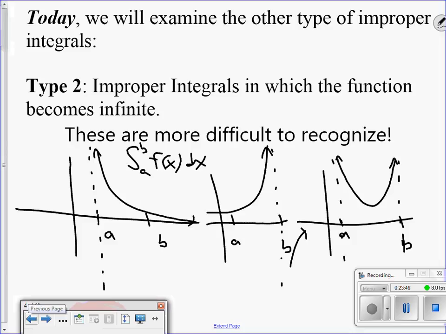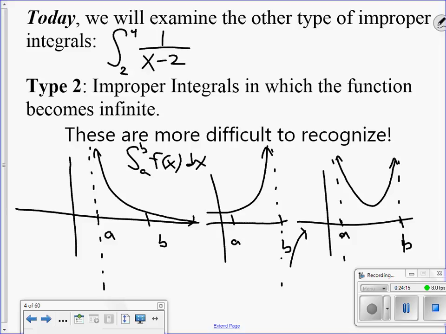You know you have a vertical asymptote if any value of x makes the denominator 0, but not the numerator. So if you see something like that, where's that going to have a vertical asymptote? At 2. So if you're asked to find a definite integral, let's say from 2 to 4, that's improper.